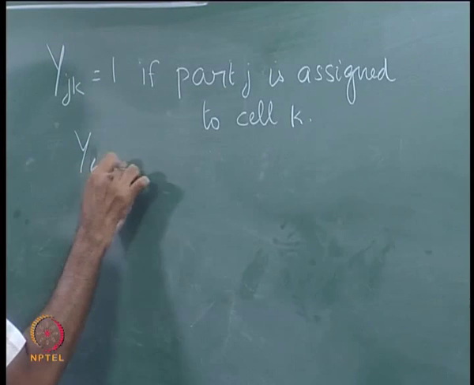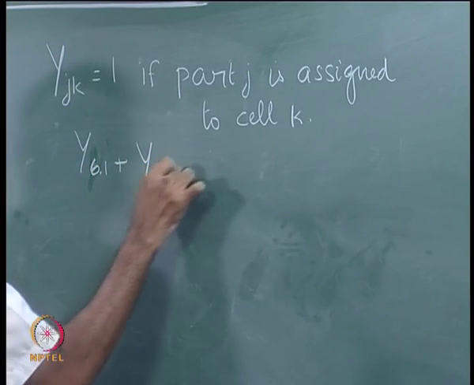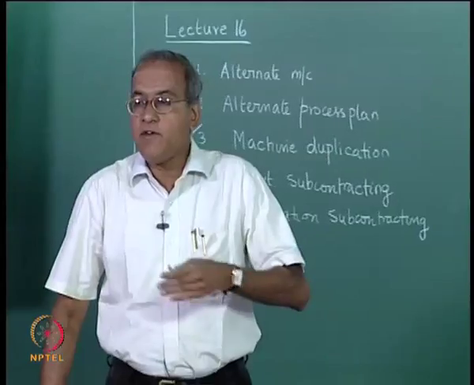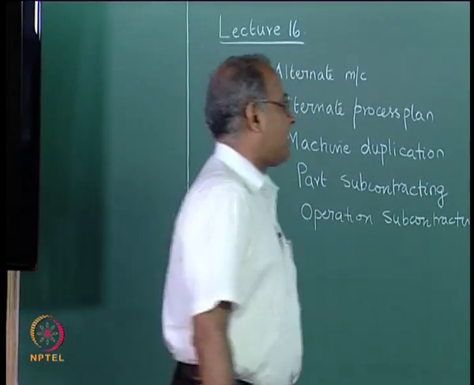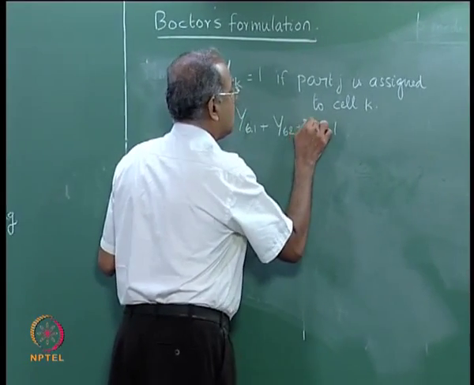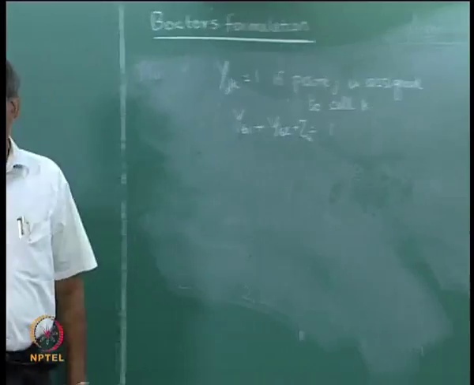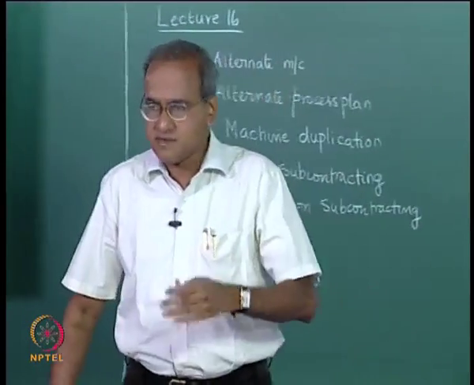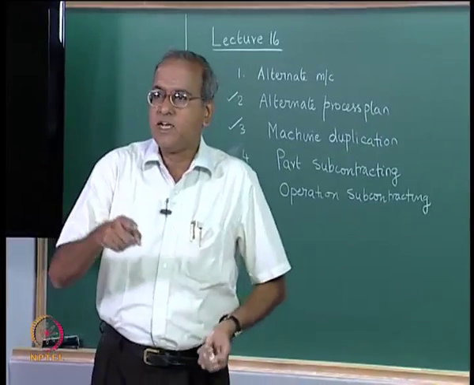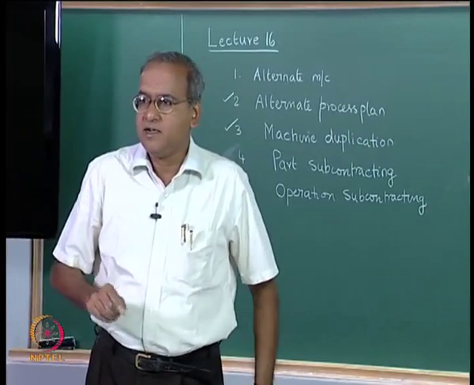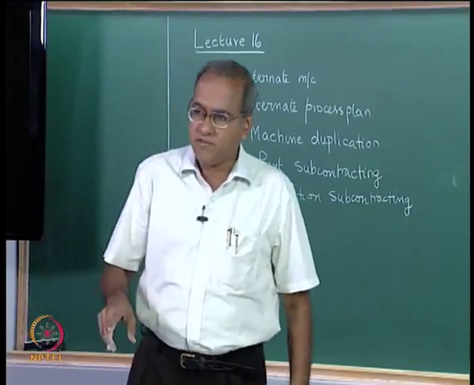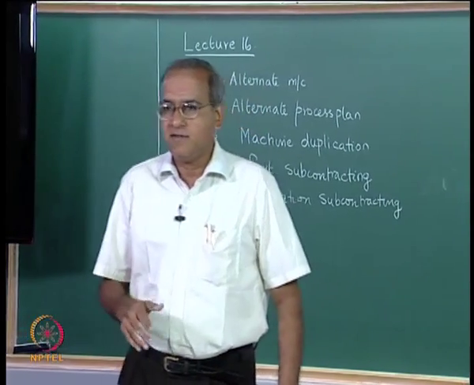So, we would say y61 plus y62 is equal to 1. Now, we have an alternative that the part can also be subcontracted. So, y61 plus y62 plus some z6 equal to 1, if z6 is part 6 is subcontracted. So, the formulation has to be modified accordingly for subcontracting. So, how the Bakhter's formulation can be modified for part subcontracting, we will see in the next lecture.